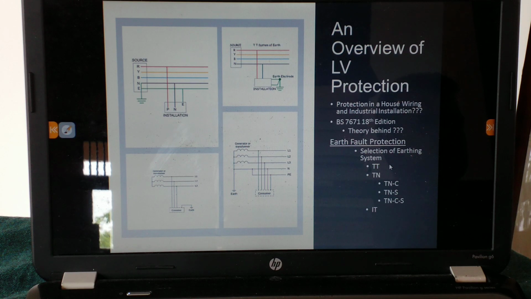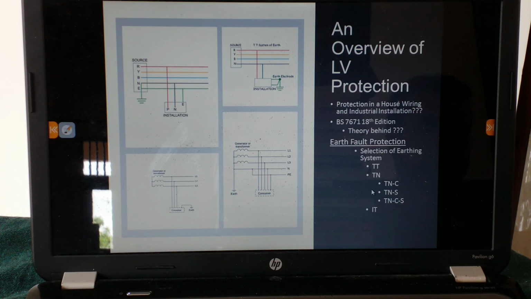Of course, with the TN system there is a high risk of electrocution because of the fault loop path. A considerable portion goes to your body. But in the TN system, very rarely will you be electrocuted, only if everything goes wrong.